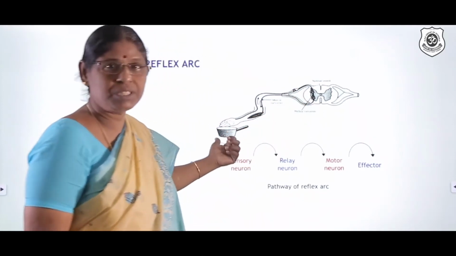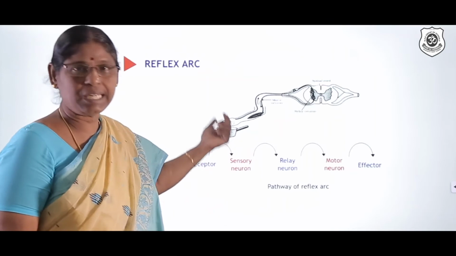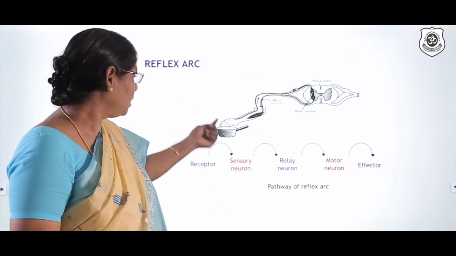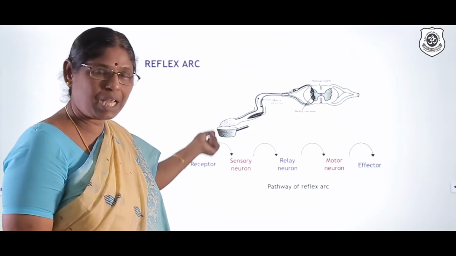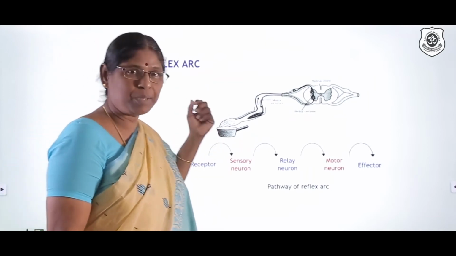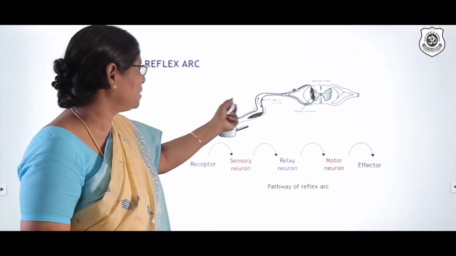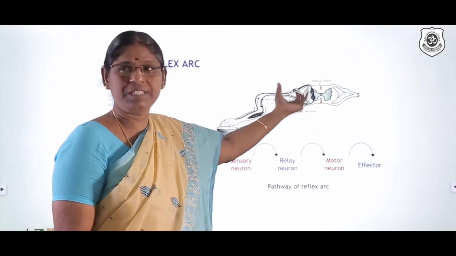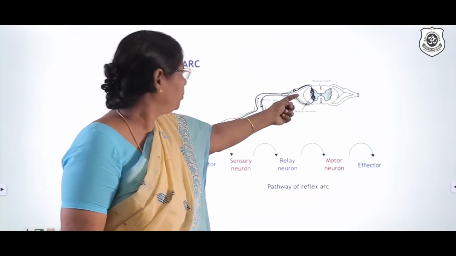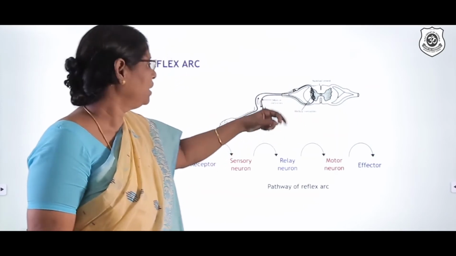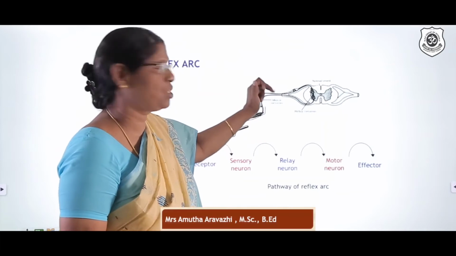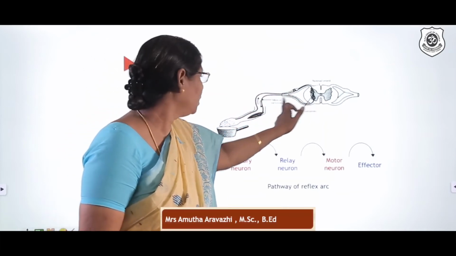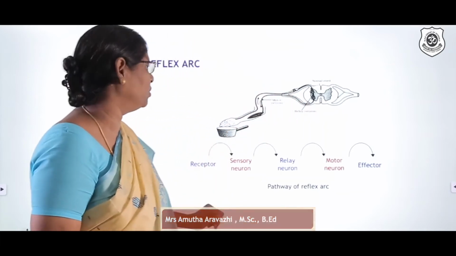Because this is an emergency, it has to respond immediately, because if the hand is on the hot object for a long time, what will happen to the hand? It will get damaged, isn't it? So for that reason, the spinal cord itself will take the decision, and with the help of the relay nerve, it will give the answer on what the body has to do, that message through the nerve, that is the motor nerve.